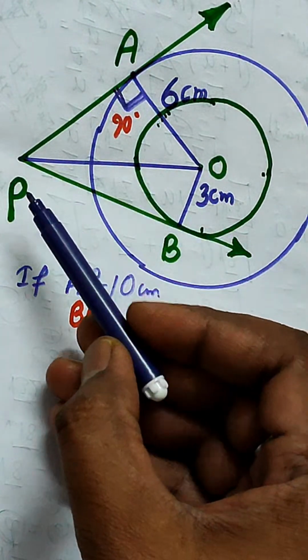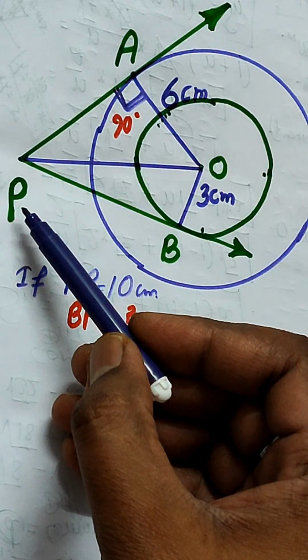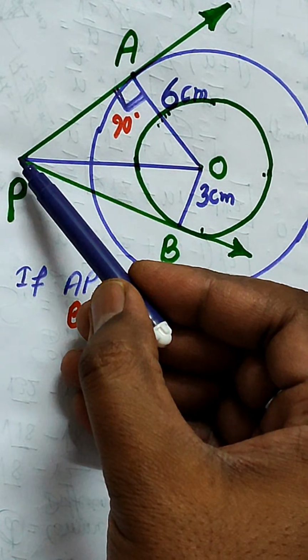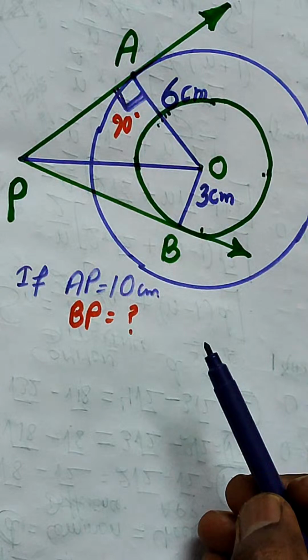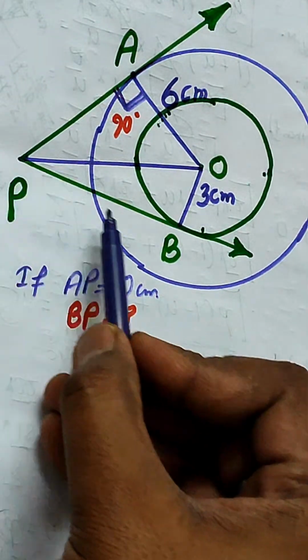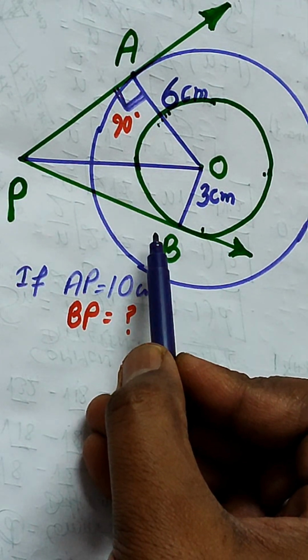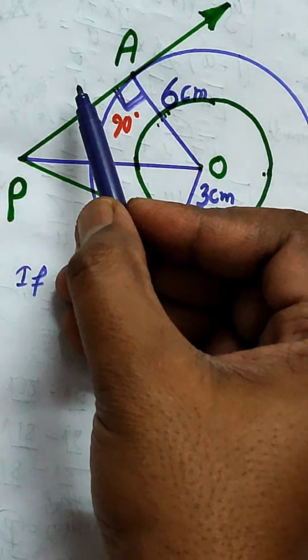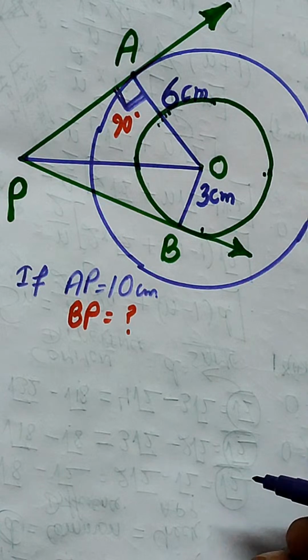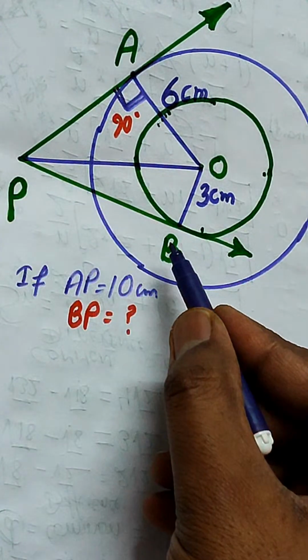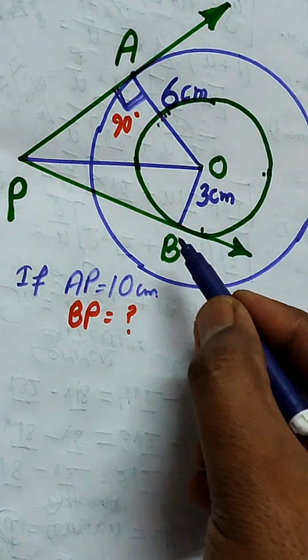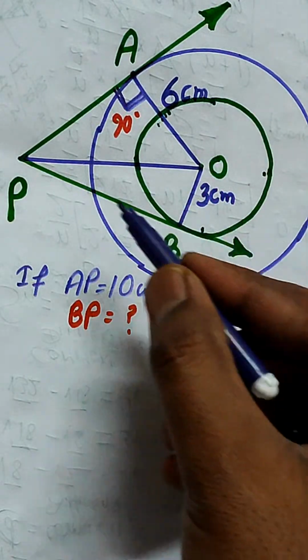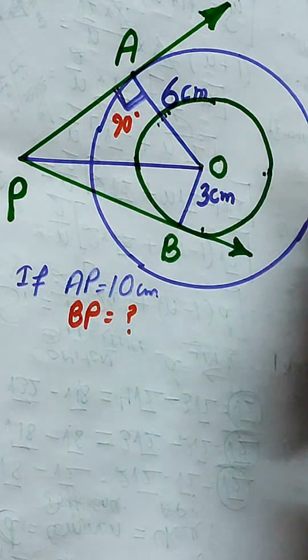So here you can see P is the external point, and from P, PA is the tangent. PB is also a tangent, but PB will not be equal to PA. You know why? Because PB is tangent to the green circle, a separate circle, and PA is a tangent to the bigger circle.